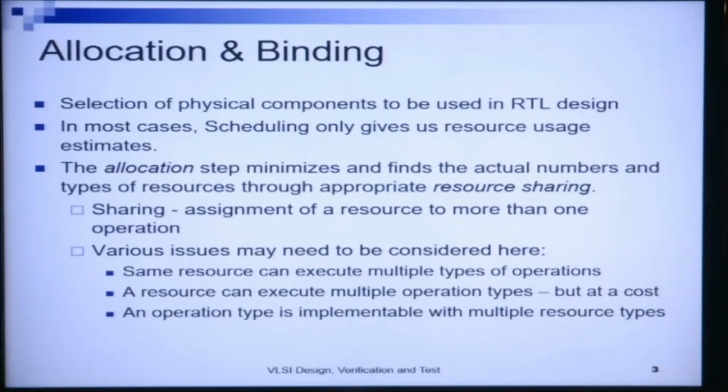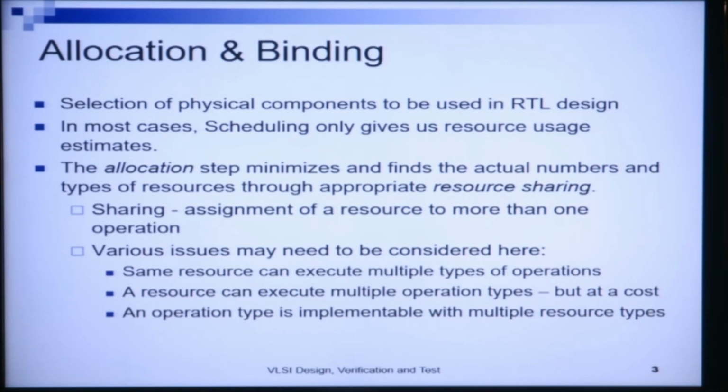Now, in most cases, scheduling gives us an estimate of the resource usage. So, in latency constraint scheduling, time constraint and resource constraint scheduling that we had looked at, all these scheduling algorithms took an estimate of the resource usage, a bound on resource usage, a bound on latency, and provided us a schedule.